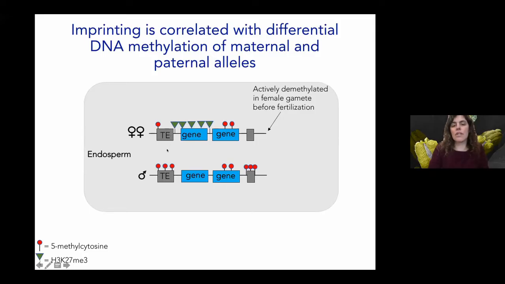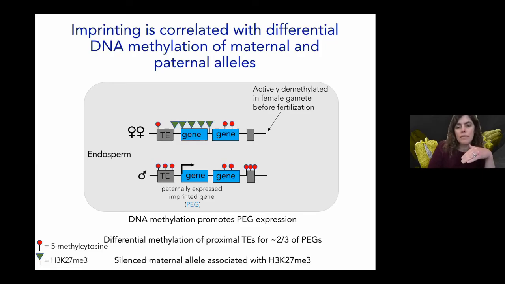Additionally, there are also differences in chromatin modifications between the maternal and paternal genomes, such as an increase in the polycomb mark H3K27 trimethylation on the maternal genome in some regions compared to the paternal genome. These differences in epigenetic state between the two genomes are closely tied to the mechanisms of imprinting.